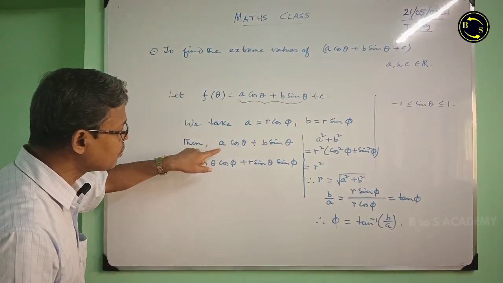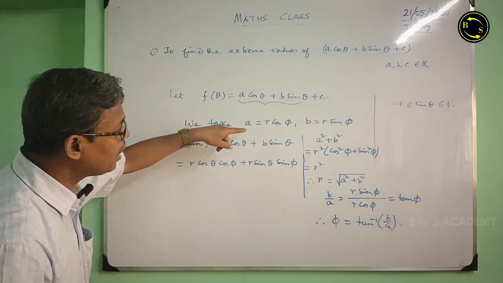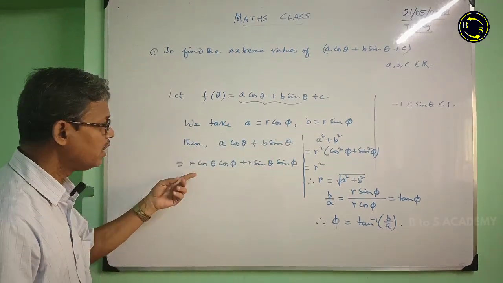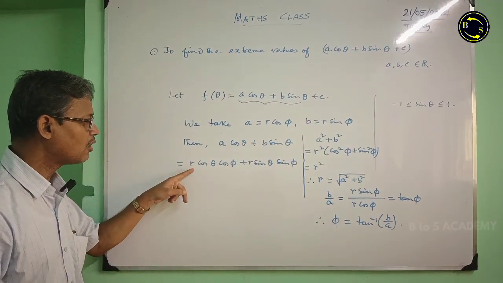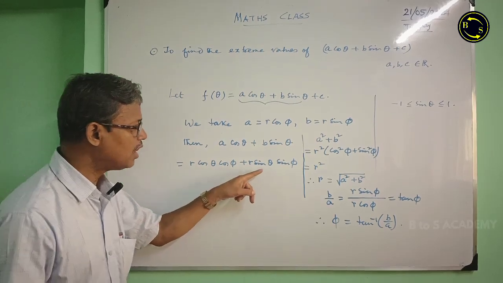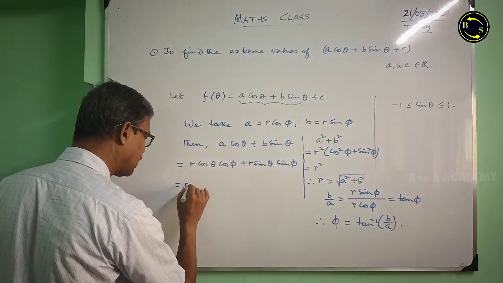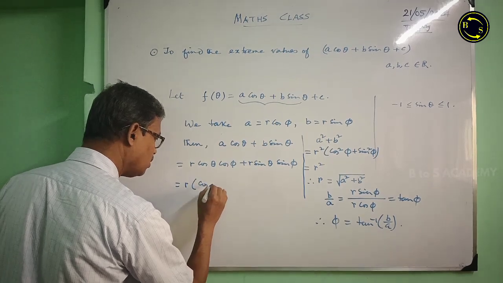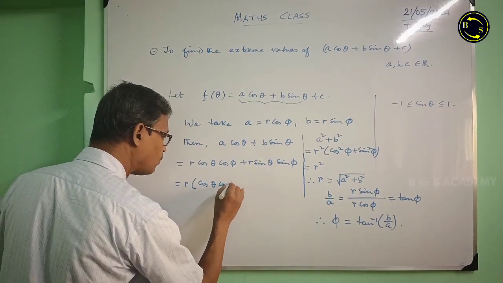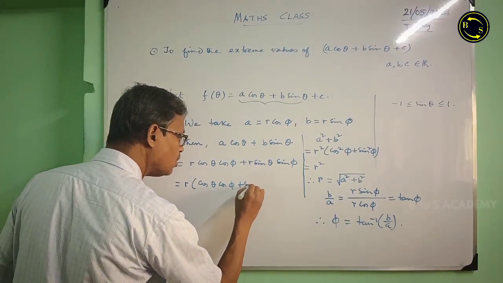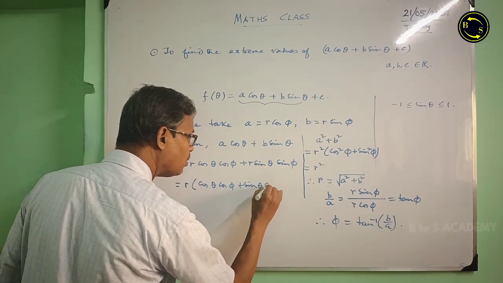We have replaced a and b by these values and get the form r cos theta cos phi plus r sin theta sin phi. Now we take r as a common factor, then it is cos theta cos phi plus sin theta sin phi.